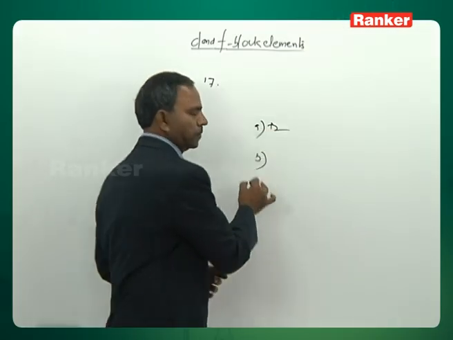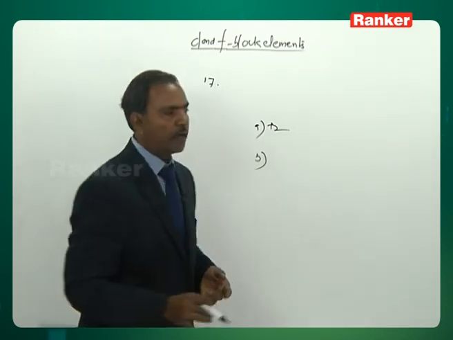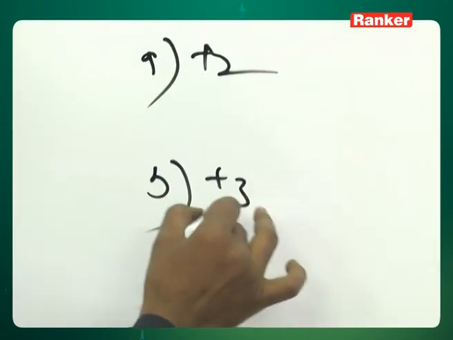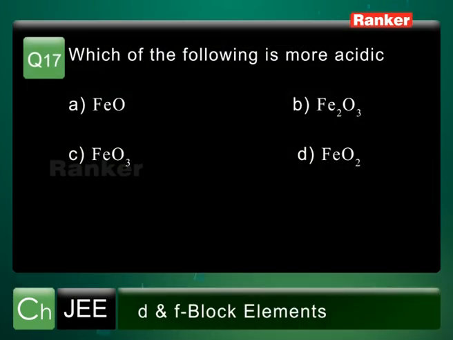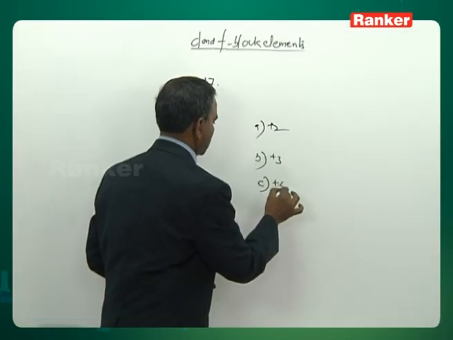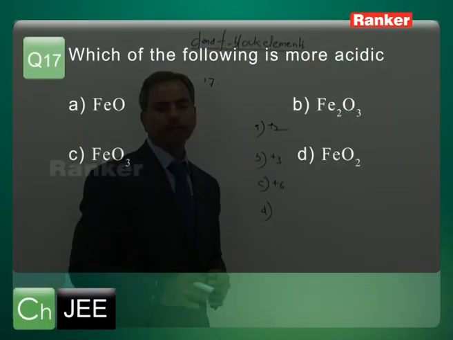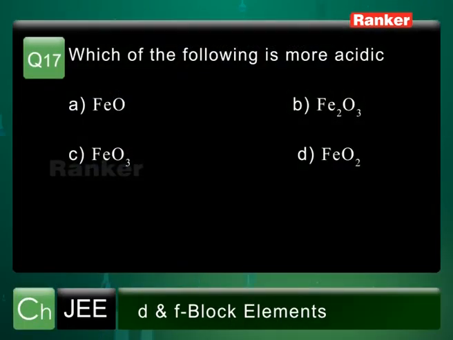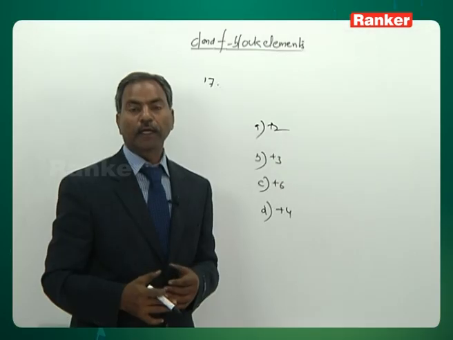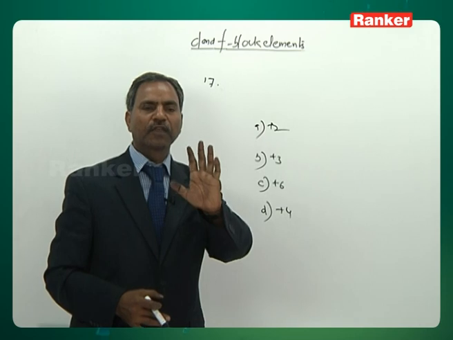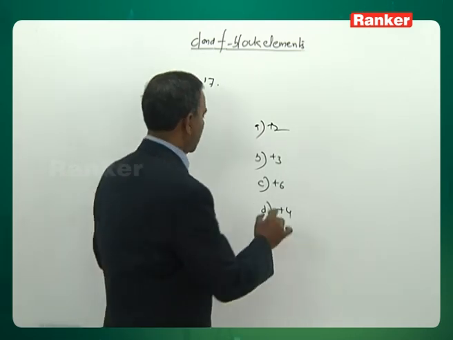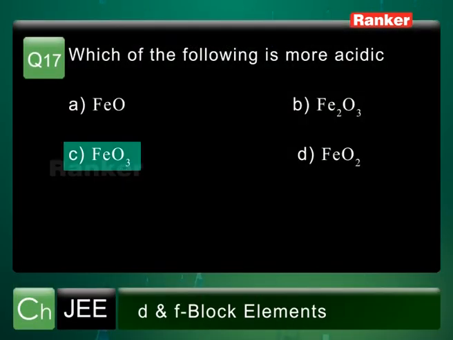B, Fe2O3, iron oxidation number is plus 3. Option C, FeO3, plus 6. And D, FeO2, plus 4. We require the more acidic, so choose the greater oxidation number among the given options. So here option C is the correct answer.